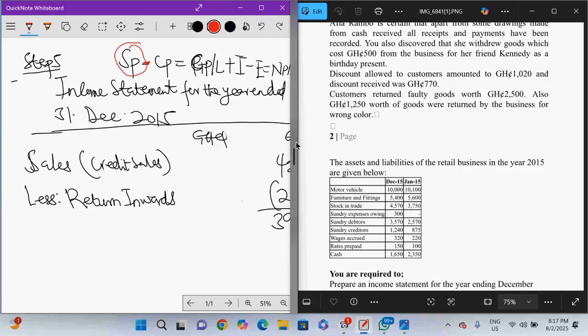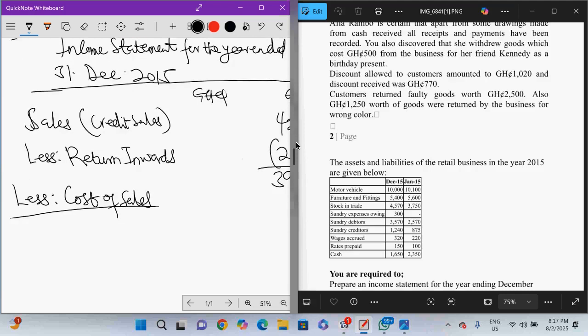Now we go to minus. So the minus will be less cost of sales. The cost of sales represents the cost price. What is the first thing?